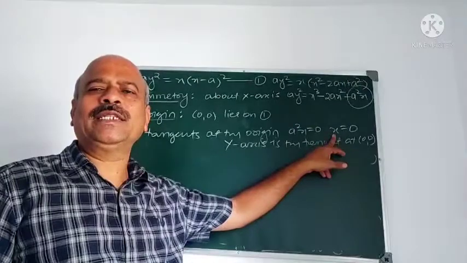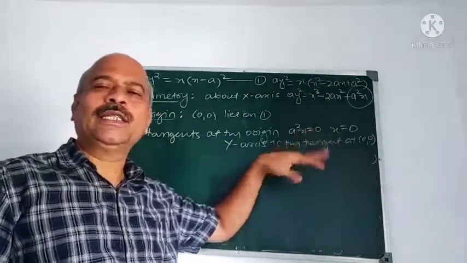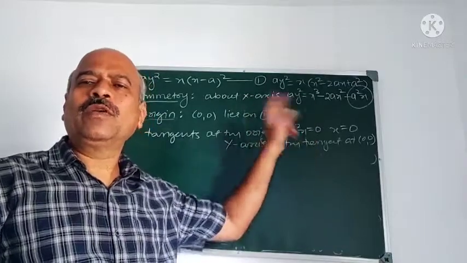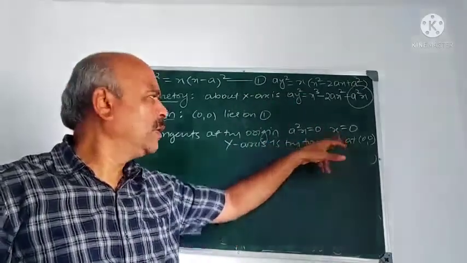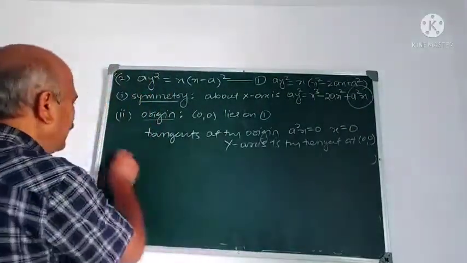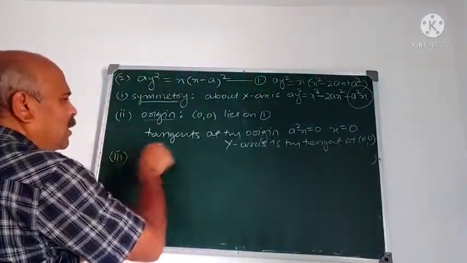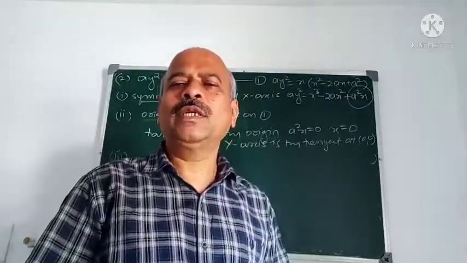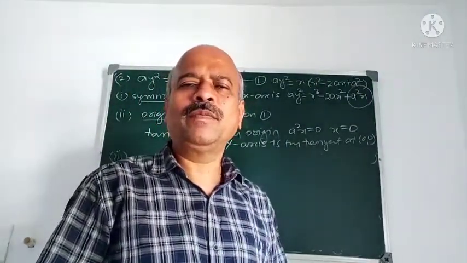Only one tangent, not two. See the previous problem and compare: there we had y square equal to 0, therefore two coincident tangents. But here only x is 0, only one tangent, that is the y axis, and the important thing is that the origin is not a multiple point.